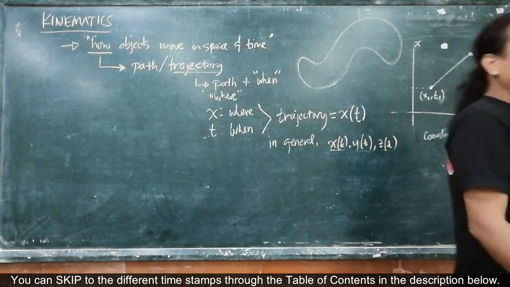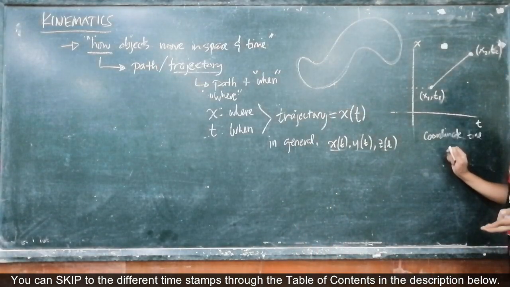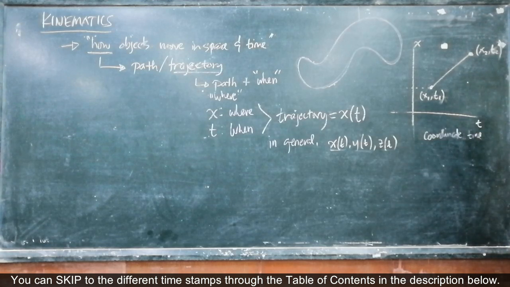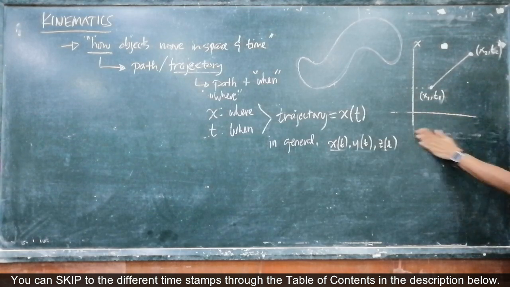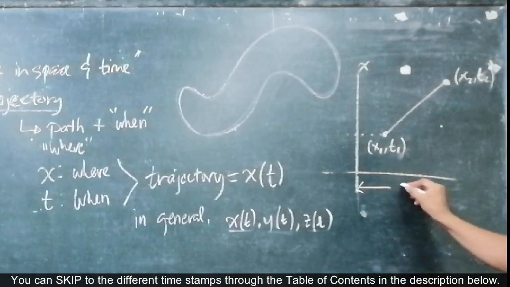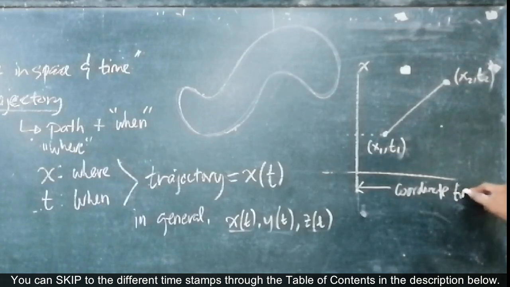But in physics, what we are most interested in is not the coordinate time. In kinematics, it's not the coordinate time, but the elapsed time. So this one here is what we call the coordinate time.